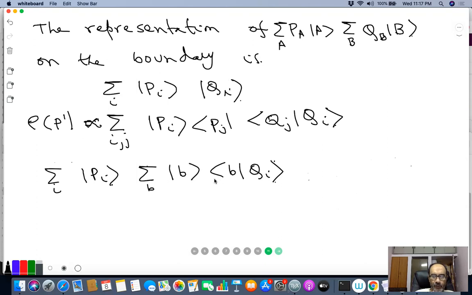Then I have to take the trace over B. So let's try to do this. So you have sum over i, pi, this b qi is just a number, and then let me write sum over j.